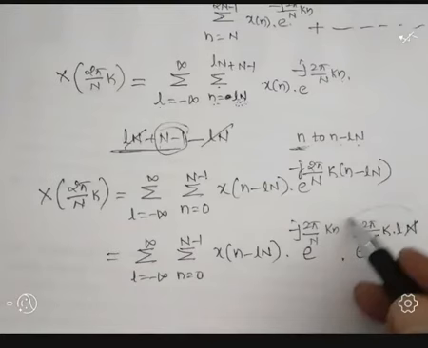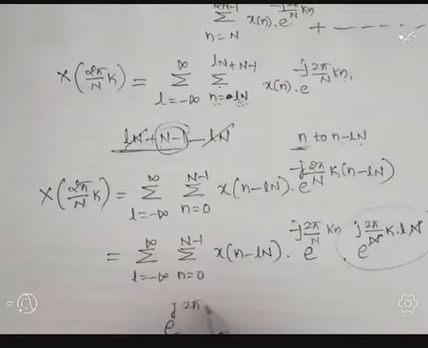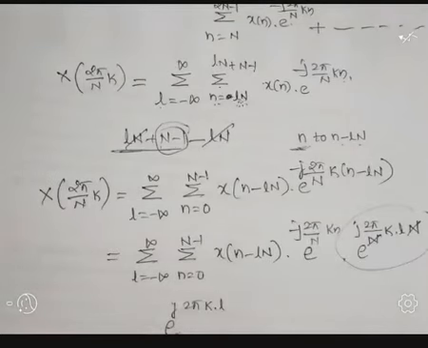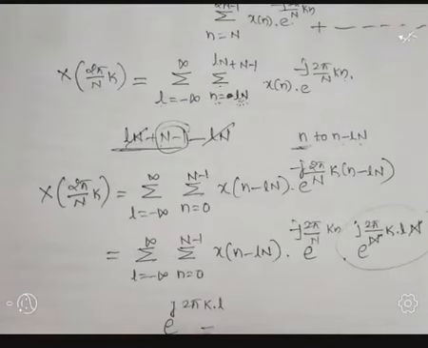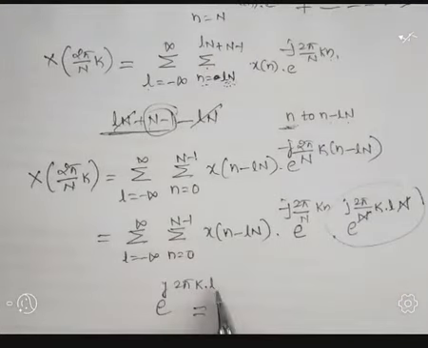This one we are going to simplify as e to the power j 2 pi k l, where k is an integer value, l is also an integer value. So what will be the value of this one, where k is an integer as well as l is an integer? k may be any value, it may be 1, 2, 3, anything like this. l is also 1, 2, 3 like this.